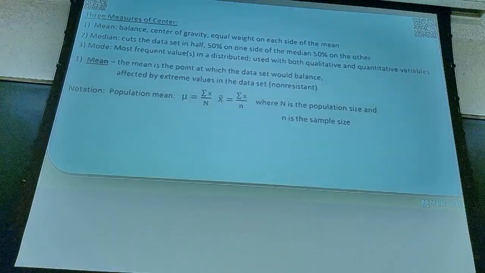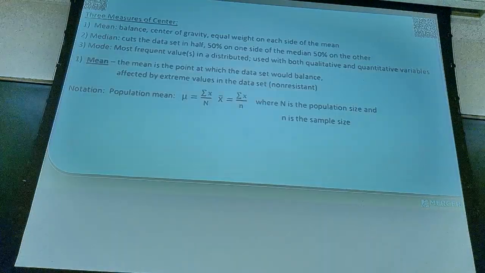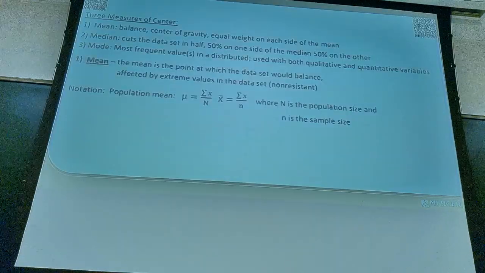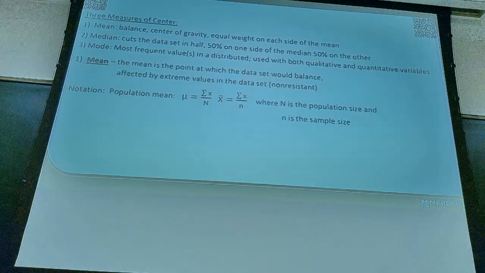Sample mean is represented by x bar. But they're found the same way. Sum up all the values, divide by the total number there are. Again, different ways of representing sizes. For a population, it's a capital N. For a sample, it's a lowercase n.